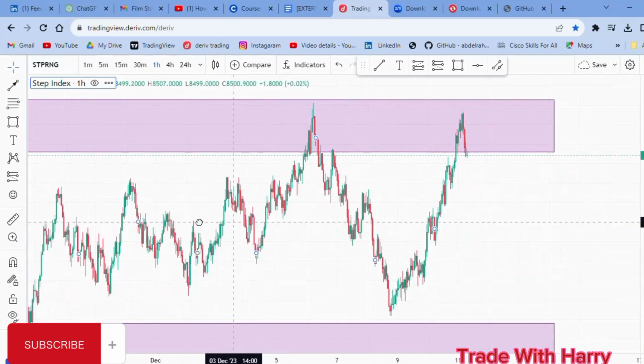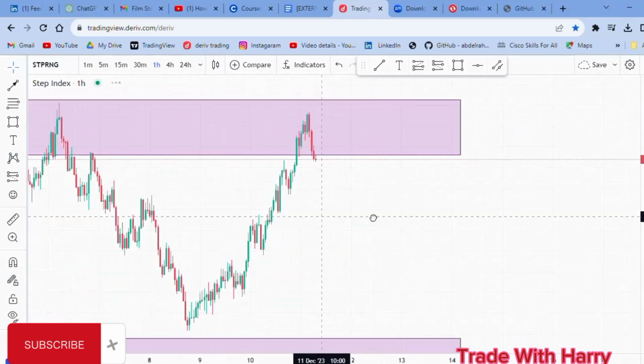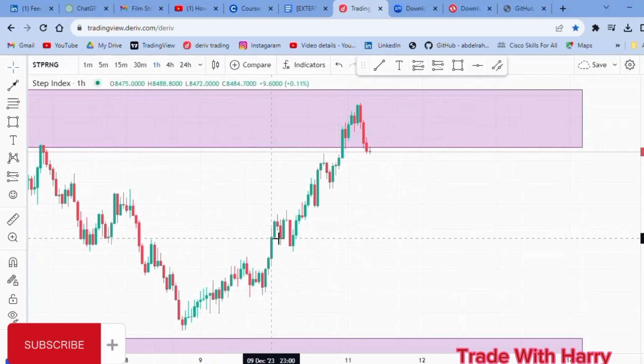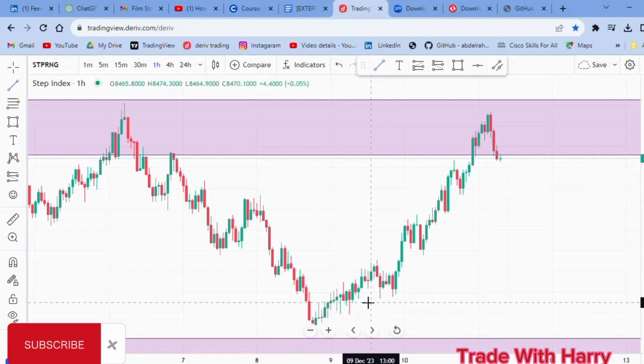Is under 1 hour. So actually you can accompany this one with trend lines, and you can actually use trend line to identify the market here. So like in this case here, it is in an uptrend.